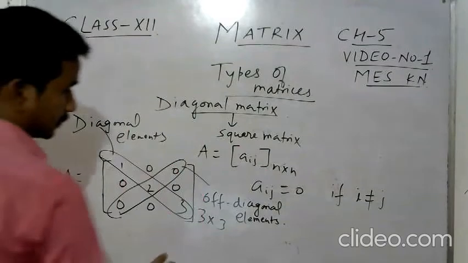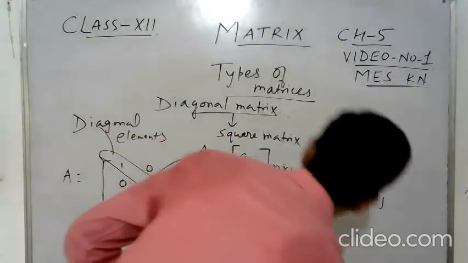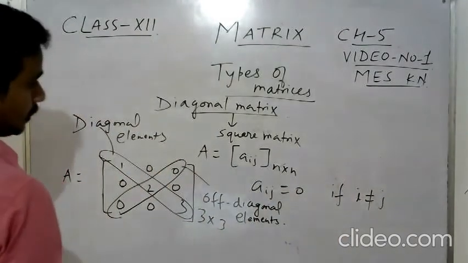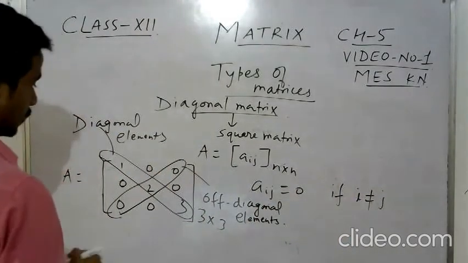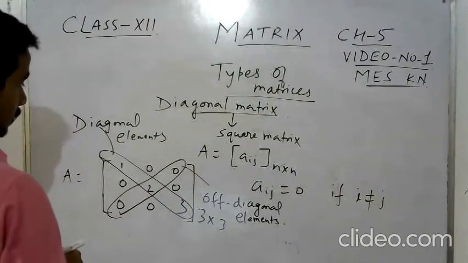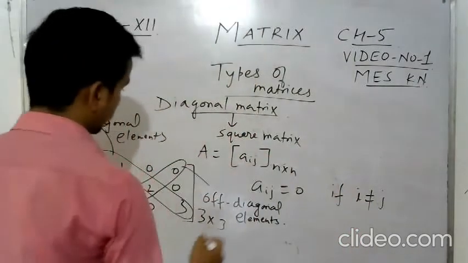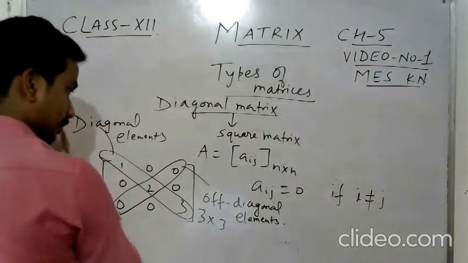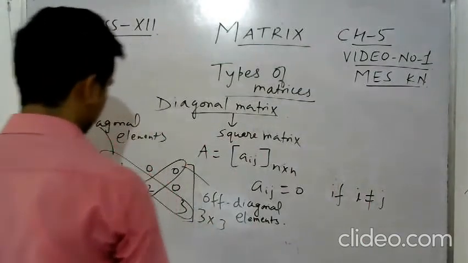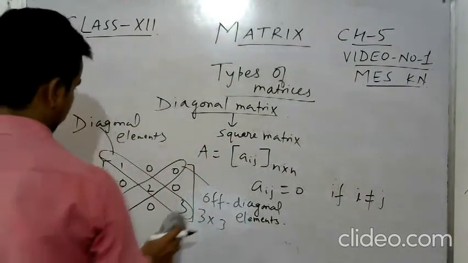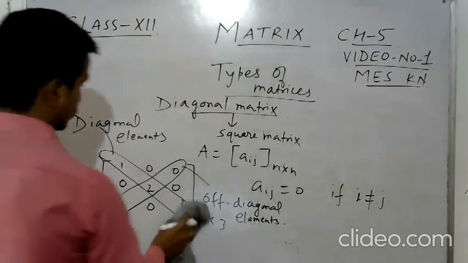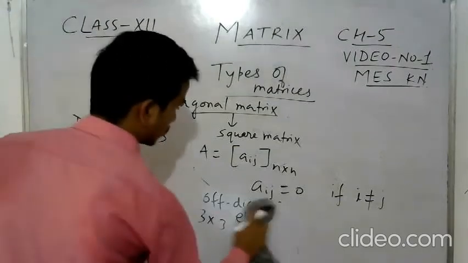Now here we will see some terms related to diagonal. A diagonal matrix is also represented like this. Here I am erasing it.